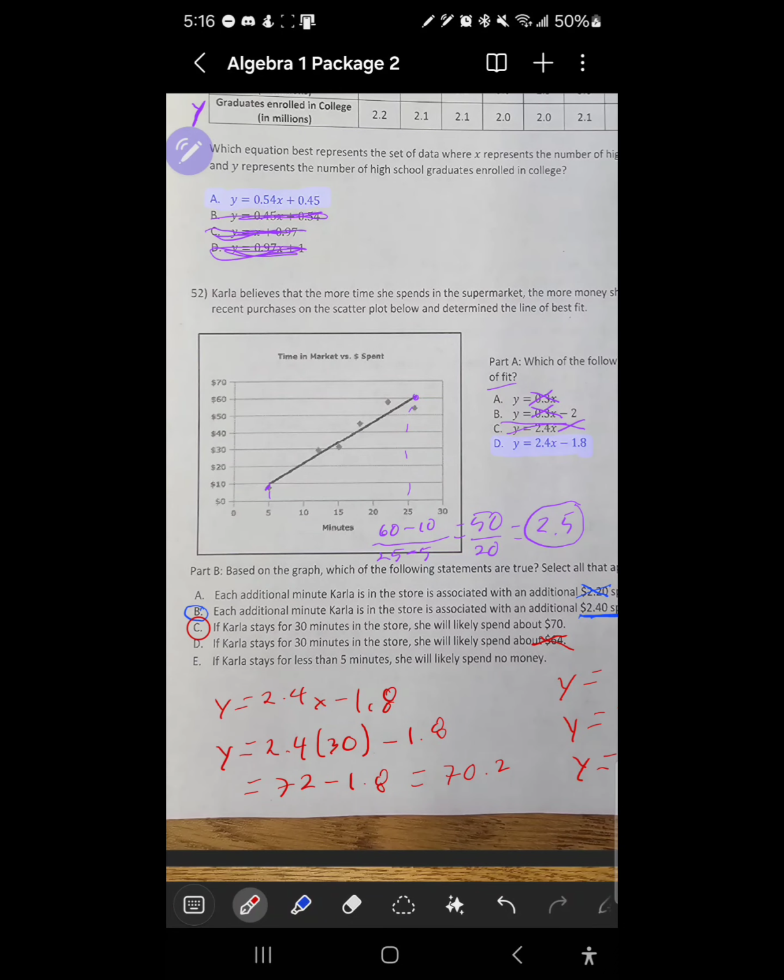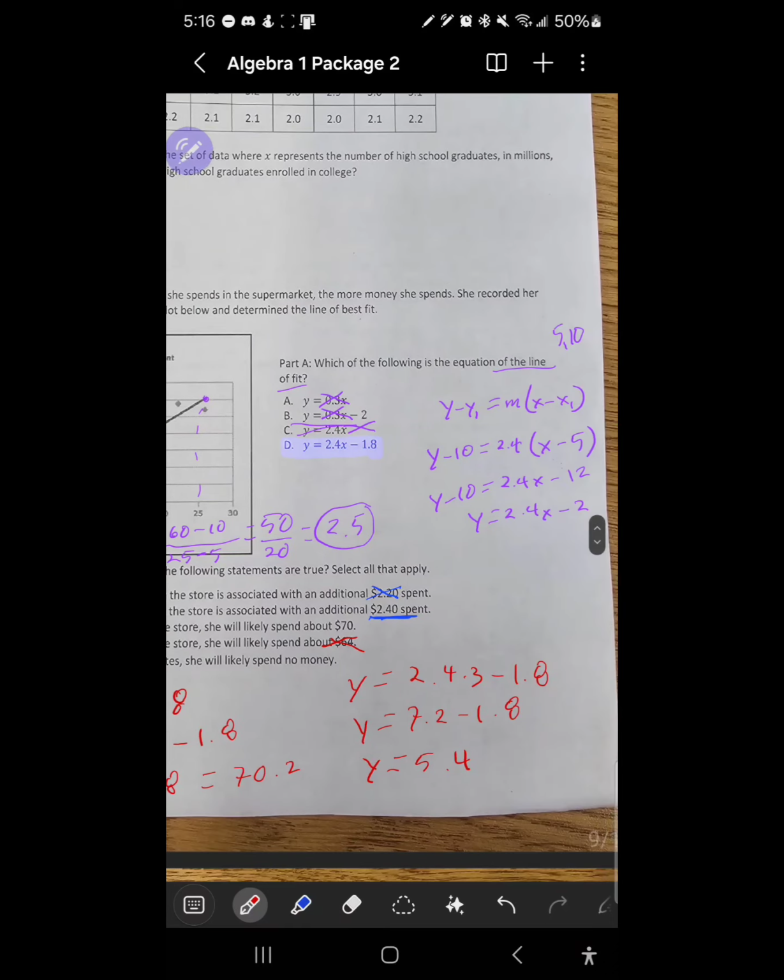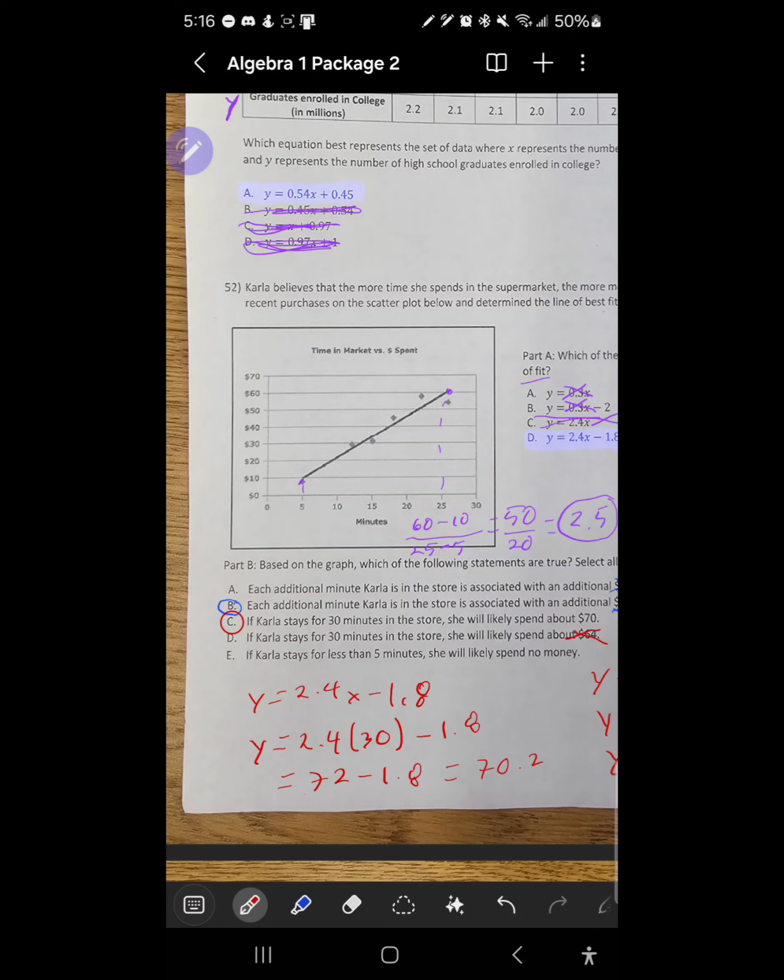Here we can see that if she spends less than 5 minutes, she's still going to spend money in the store because of the line of best fit. Also, we can use other values for the minutes, the x values, like 1.